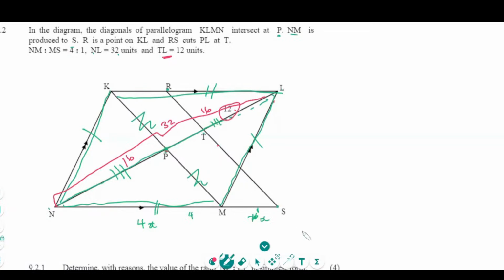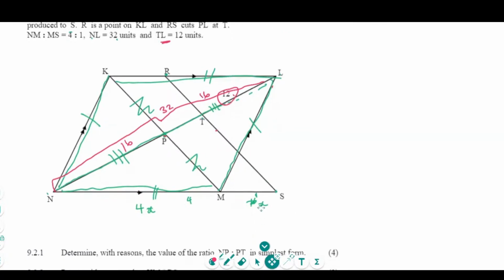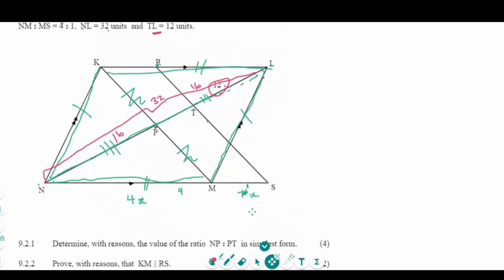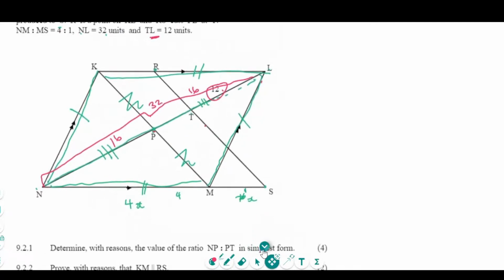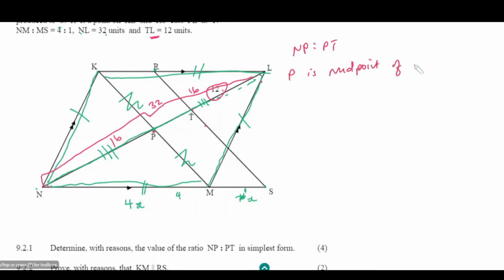Let's see. What is the first question asking for? Determine with reasons the value of the ratio NP is to PT. One thing we need to highlight is that P is the midpoint of NL.